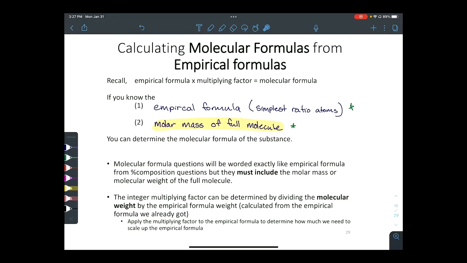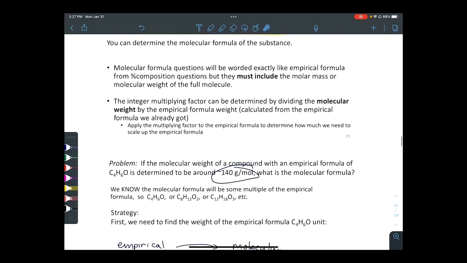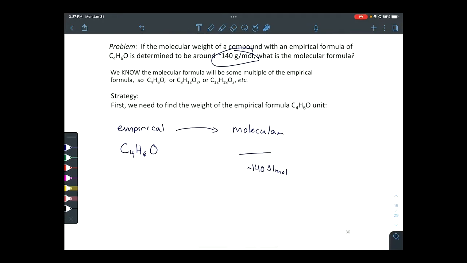In order to calculate the molecular formula, you need the empirical, the simplest formula first. And then we work up to the next one. All right, so this is how we do it. If we take that empirical formula that we got before, C4H6O, in this question, it says your molecular weight of a compound, so the molar mass of the full compound, is around 140 grams per mole.